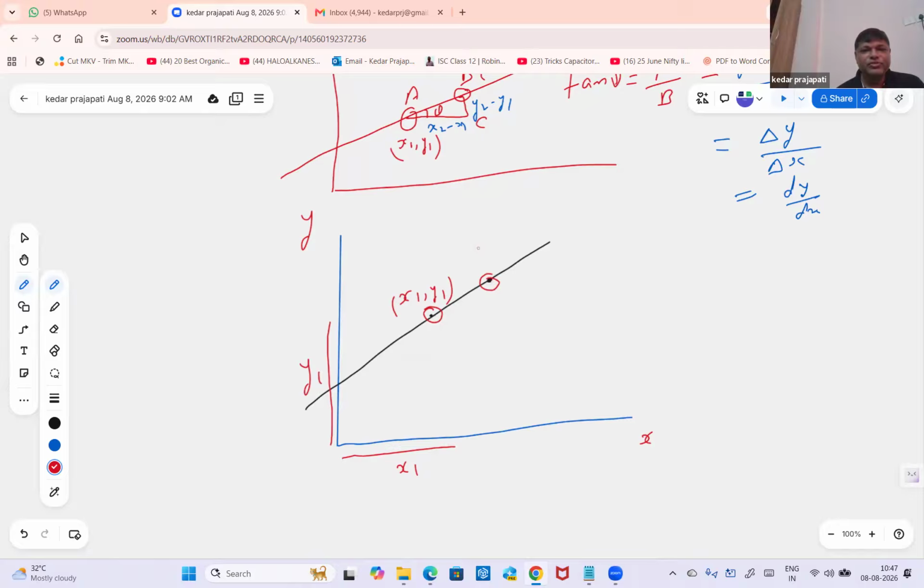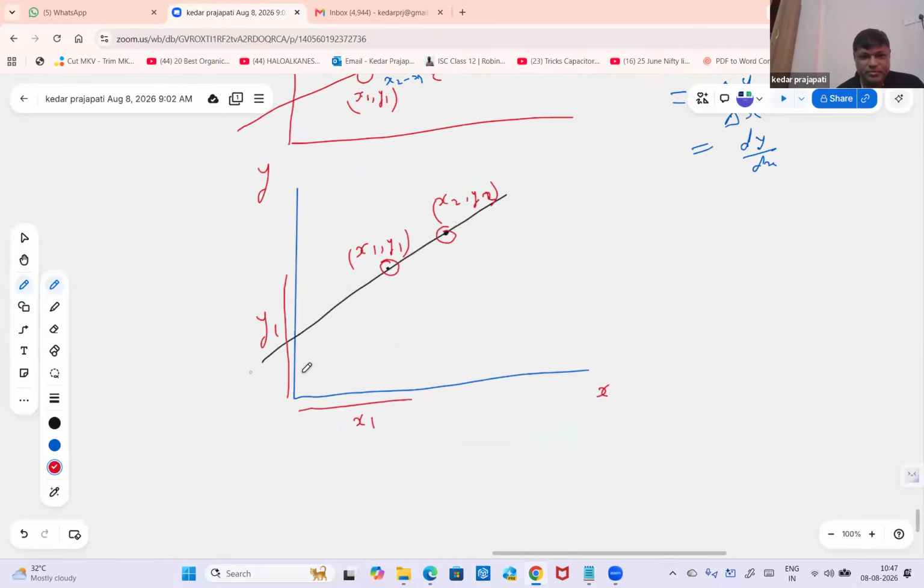Now this point is x2, y2. I'll tell with an example also. I'm just giving you the basic. In order to reach here, how will you do? From here to here, you have to come here. Now this is x2.